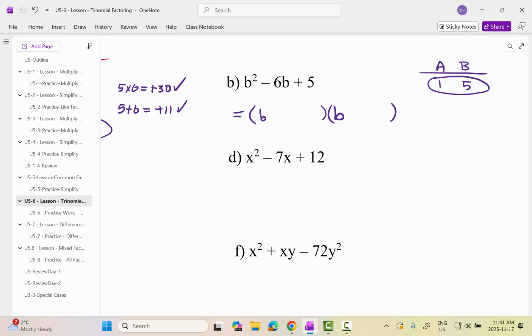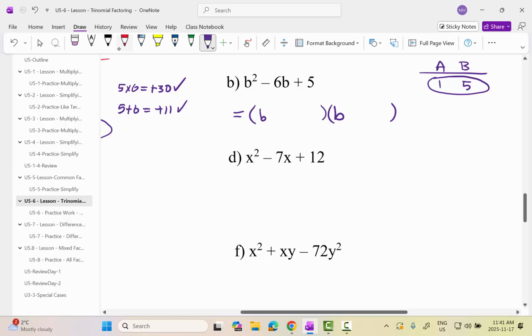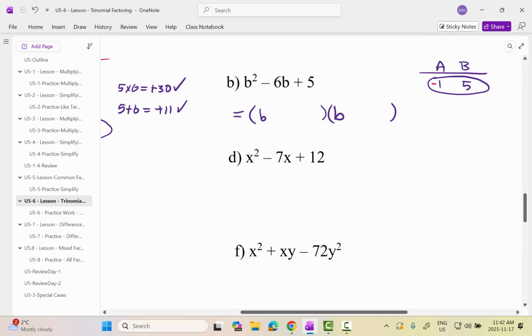Now, how do I get negative 6 though? What would it be to get negative 6? Both will have to be what? Both have to be negative, right? Because negative 1 plus negative 5 gives you what? Negative 6. So let's see if it checks out.